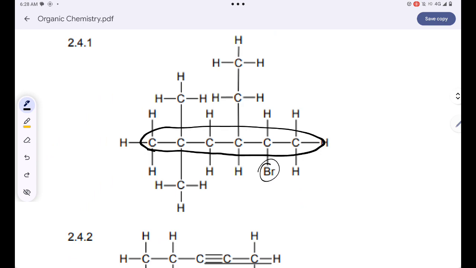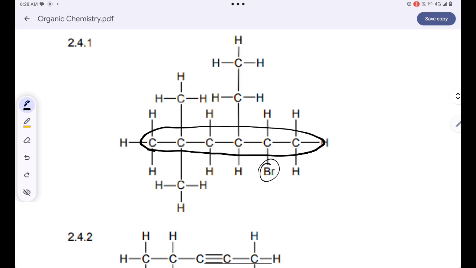Are you together? I have a halogen, and a halogen does not necessarily change the suffix of my compound. So it is treated, excuse me, it is treated as a substituent altogether. So it is treated like a side chain altogether.